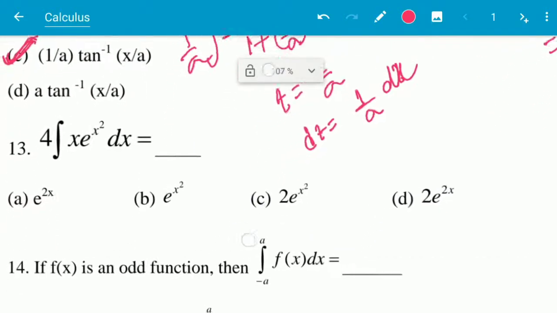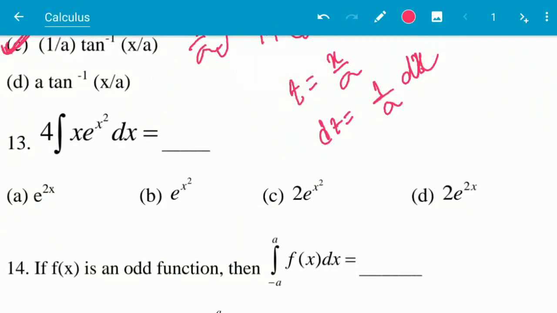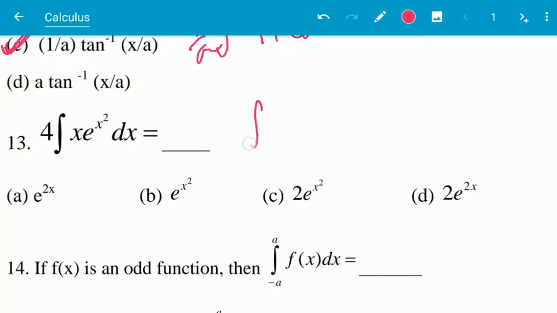Next question, question number 13. 4 into x e to the power x square dx is how much? This can be solved by the formula: integration of f dash of x into e to the power f(x) is equal to e to the power f(x).